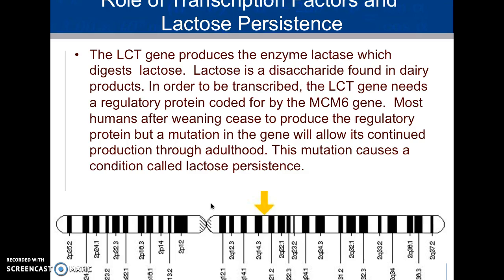The LCT gene is present in eukaryotic cells. In order for lactase to be transcribed, the LCT gene needs a regulatory protein coded for by a totally different gene. Most humans, after weaning, cease to produce the regulatory protein, but a mutation in the gene will allow it to continue production through adulthood. This mutation causes a condition called lactase persistence.